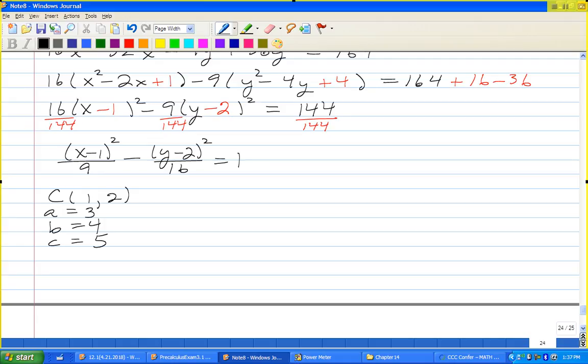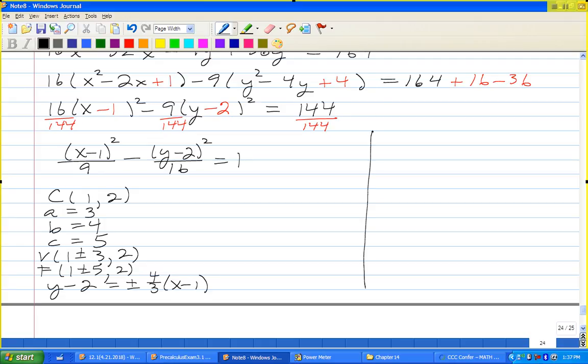The square root of 25 is 5, so c is 5. The vertices are at (1 plus or minus 3, 2). The foci are at (1 plus or minus 5, 2). The asymptotes are y minus 2 equals plus or minus 4/3 (x minus 1).